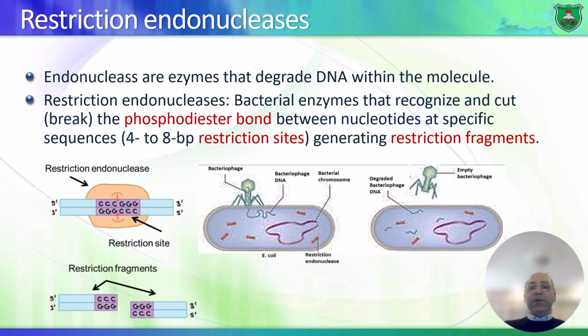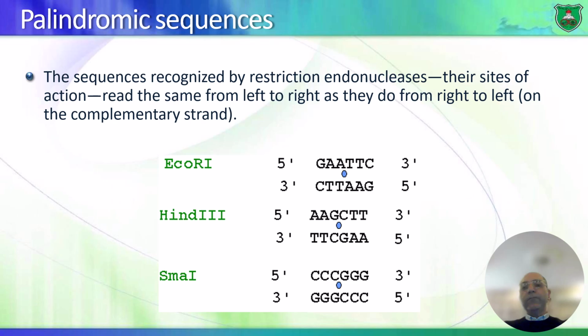Now, what I did not tell you is the following. Actually, I told you that before. Basically, these restriction endonucleases can cleave restriction sites that are palindromic, meaning that you can read the restriction sites from either DNA strand the same exact way.